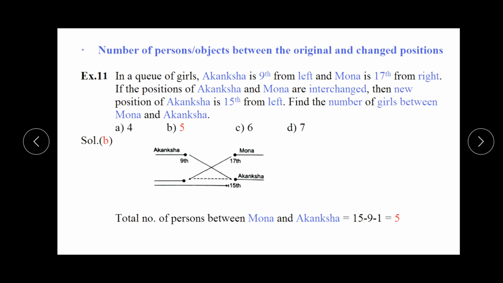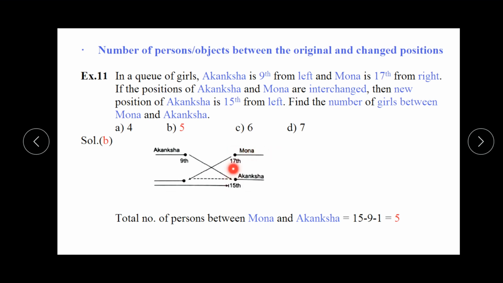But these are not the 6 persons between Akanksha and Mona. Akanksha is counted, so we remove 1. After removing Akanksha, there are 5. What is the formula? The new position of any person minus the older position of the same person minus 1 is equal to the number of persons between the two positions.